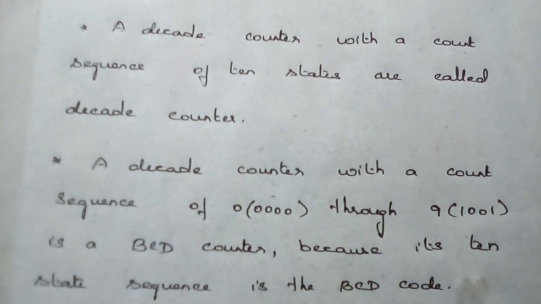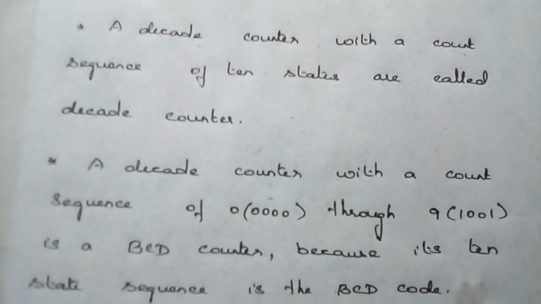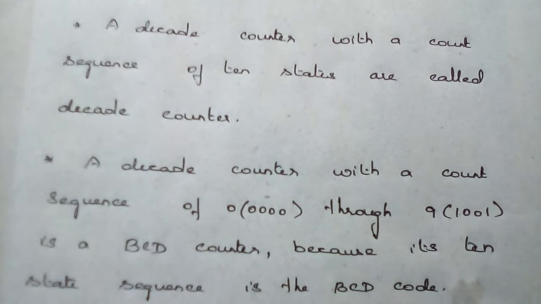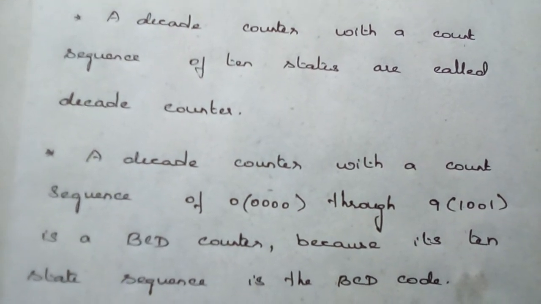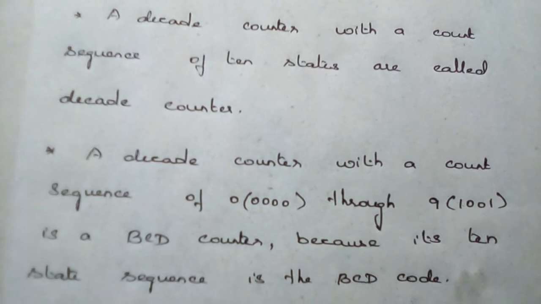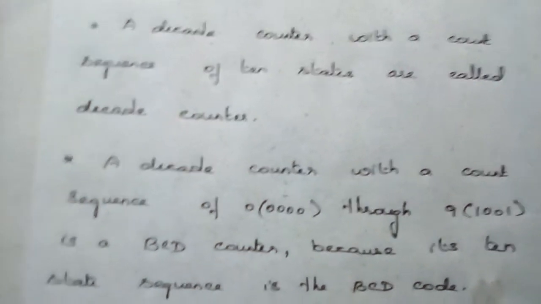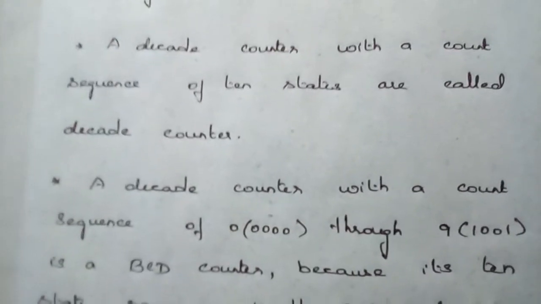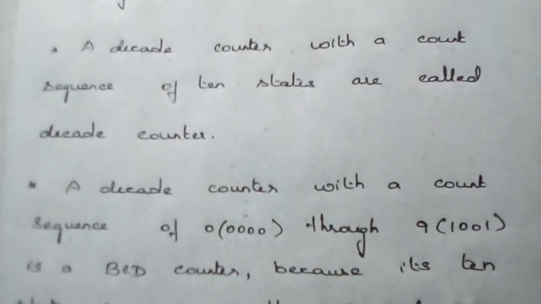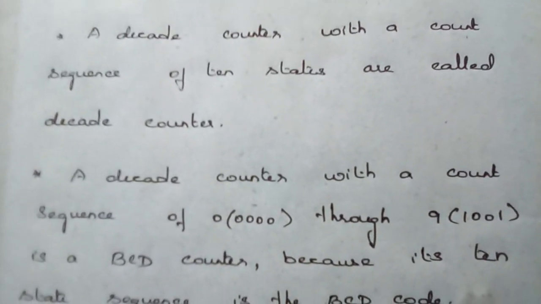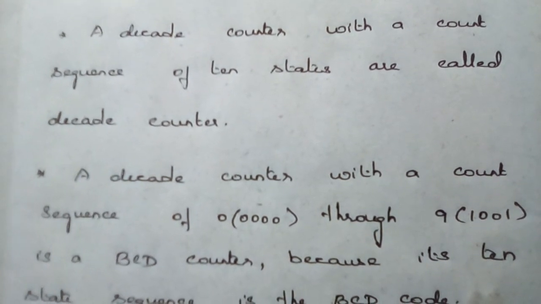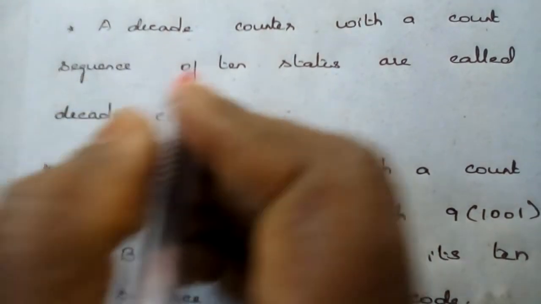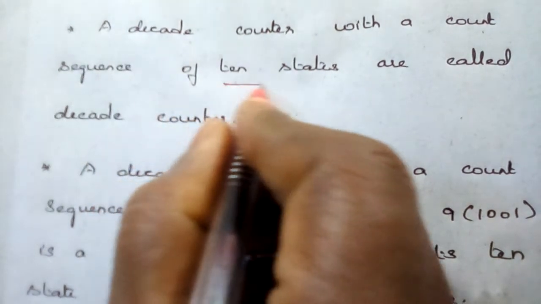As the name itself suggests, the counter which counts the decade states, that means the 10 states from 0 to 9, is named the decade counter. A decade counter with a count sequence of 10 states is called a decade counter.